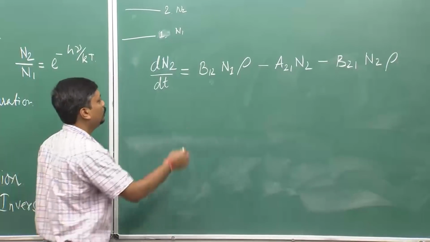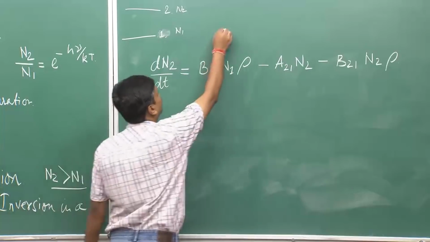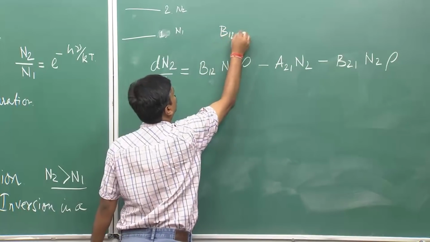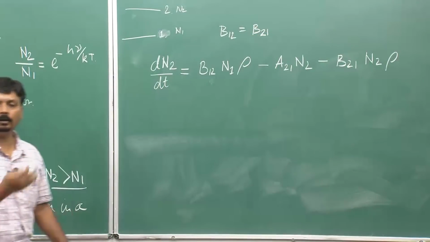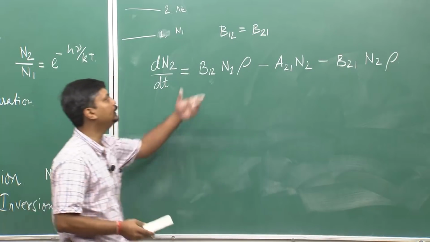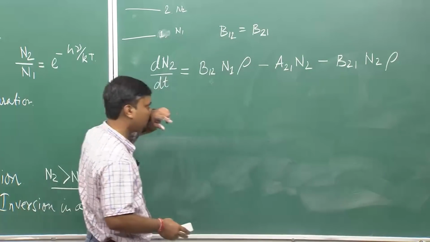So, I have this condition B12 equals B21. If you remember the previous class, you have already seen this, correct?